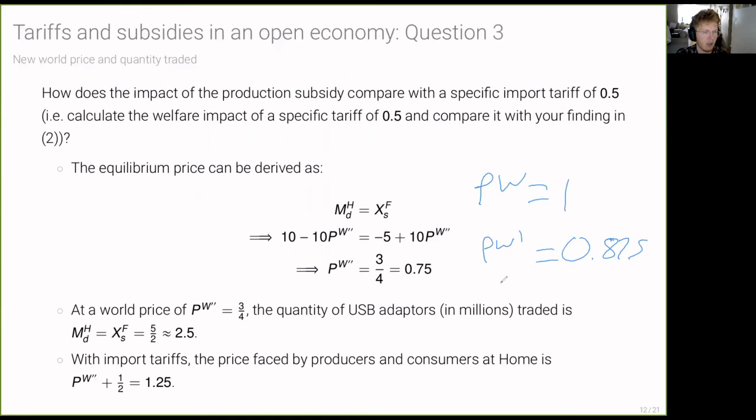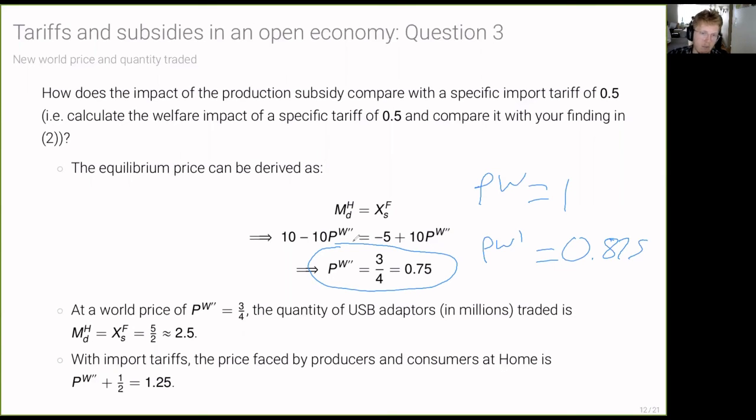And so you can note that the application of a specific tariff decreases the world price even more than the application of a subsidy did. Basically what this is implying is that a tariff decreases Home's import demand by more than a subsidy does.